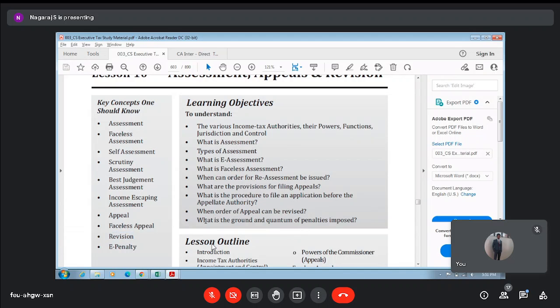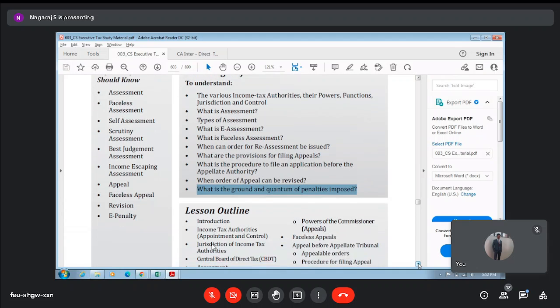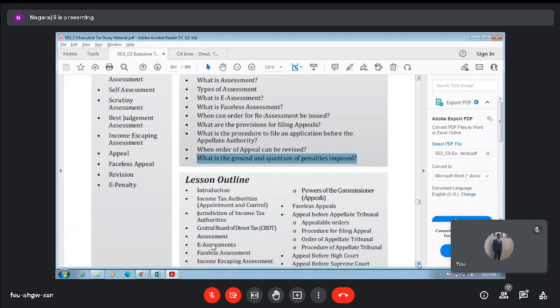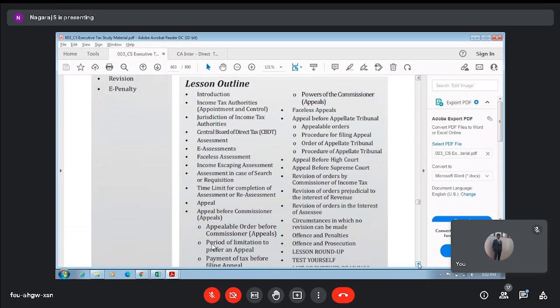Okay. The last one, grounds and quantum of penalties imposed, 272 penalty. In section 272, there are so many penalty sections. Please go through them one by one. At least 5 to 6 penalty sections you need to understand.